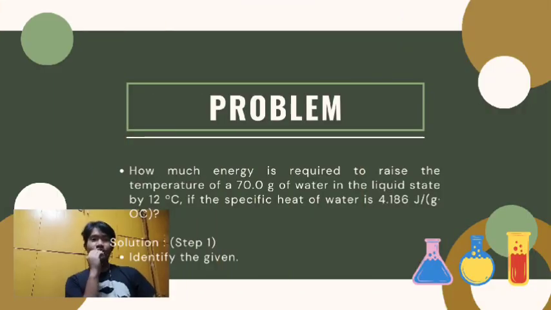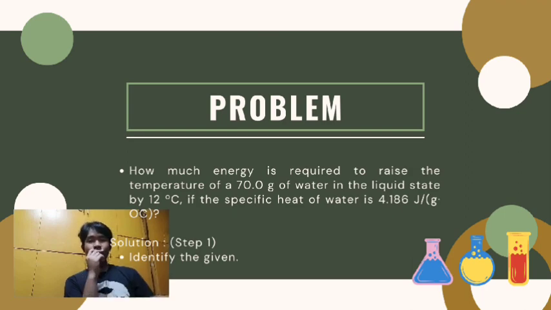Now, let's have a problem. How much energy is required to raise the temperature of 70 grams of water in the liquid state by 12 degrees Celsius, if the specific heat of water is 4.186 joule per gram degree Celsius?